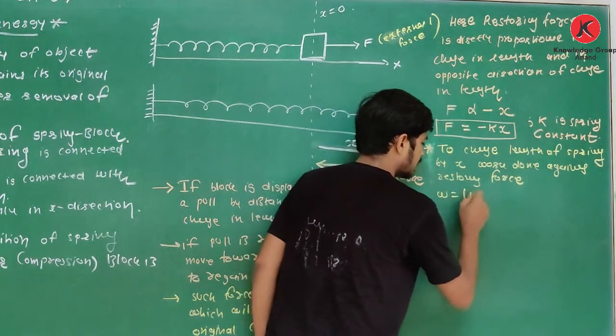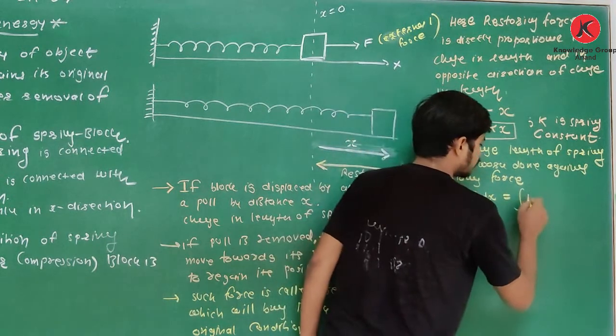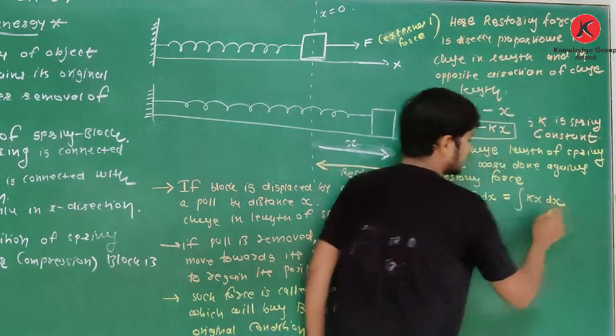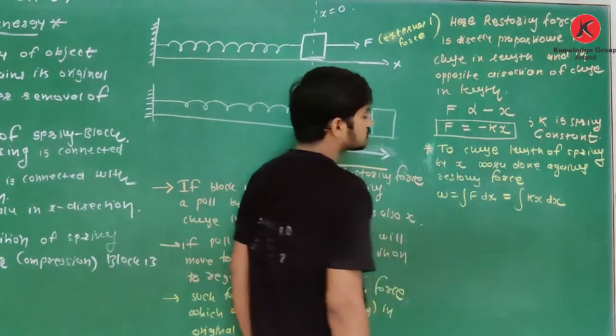W is equal to integration F dx, which is W is equal to integration kx dx. Yes, we have to take only the magnitude, okay? And we want to change the length of the spring by x.